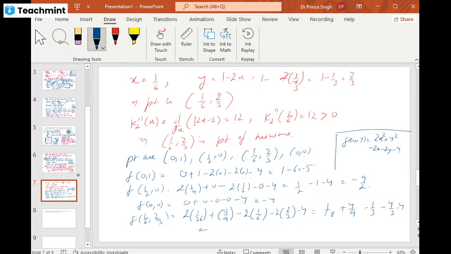If I take the LCM of 18, so 1 plus 8 minus 6 minus 24 minus 72, over 18. So basically it is minus 96 by 18, and its value comes out to be minus 5.33.